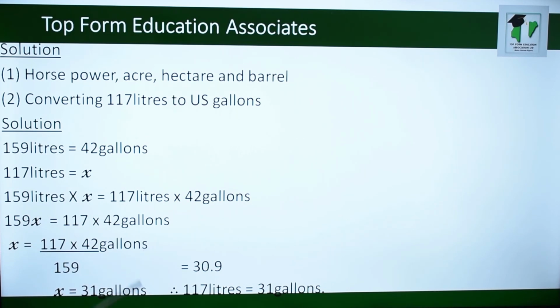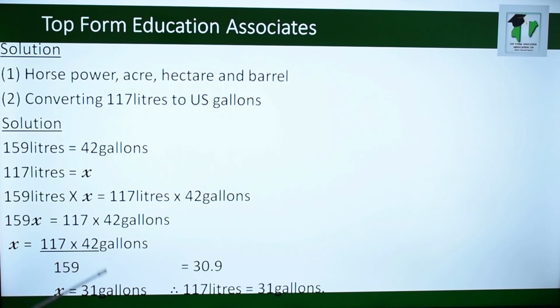So what is common here is liters. You cancel liter against liter. So 159 times X equals 117 times 42 gallons. So we now have to get our X. You have 117 times 42, divided by 159.